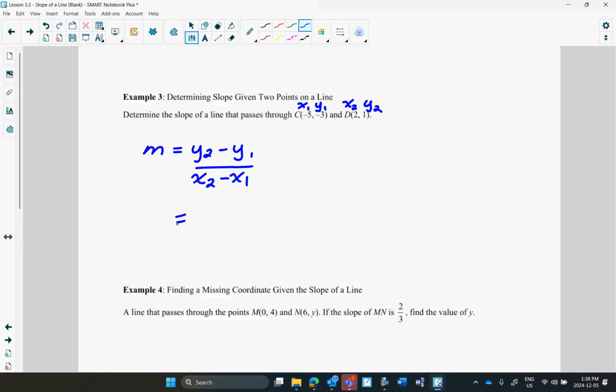What's y2? Minus, so it's 1 minus -3. Be careful with that one because it changes to a plus. Over what? 2 minus -5, or just simply 2 plus 5. So this is the same as 4/7.